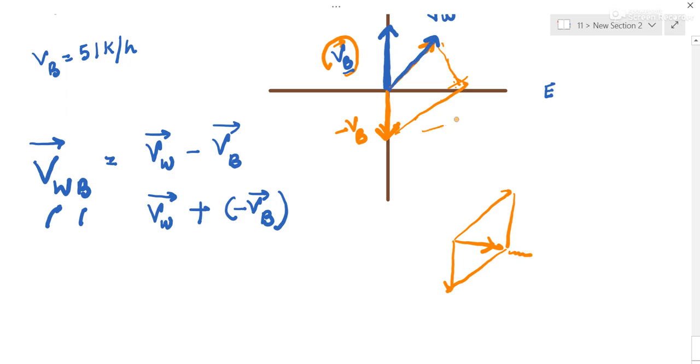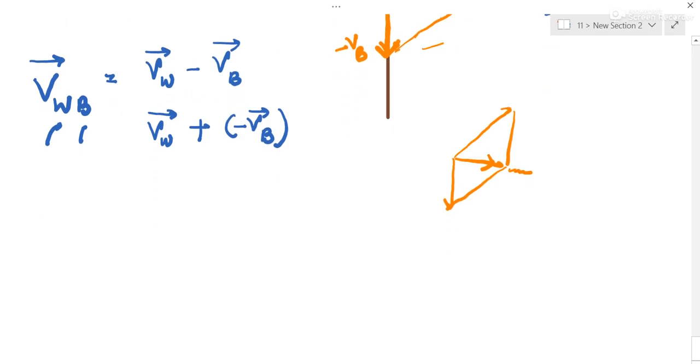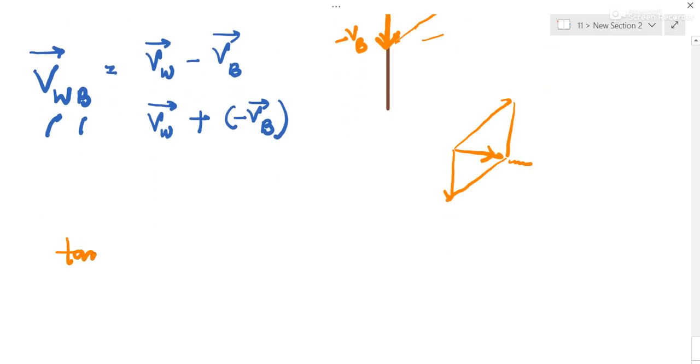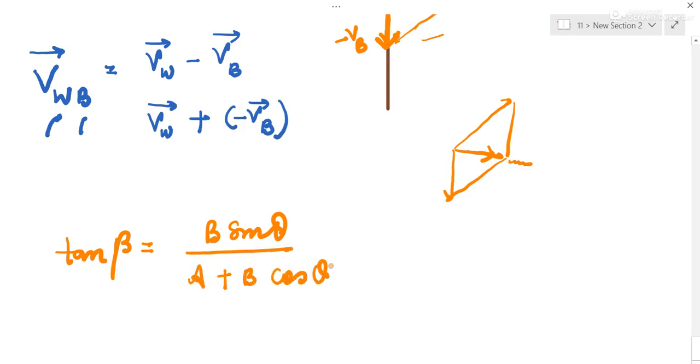Here my diagram is a little bit wrong. So let us find how to find the direction. The direction is found by tangent of beta. We will use the result of the parallelogram law, whose formula is b sin theta by a plus b cos theta. Here we have the velocity of wind, 72 km per hour, and the velocity of boat, 51 km per hour.